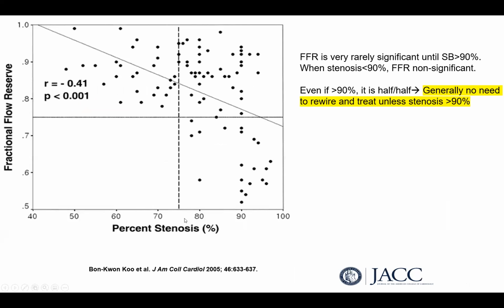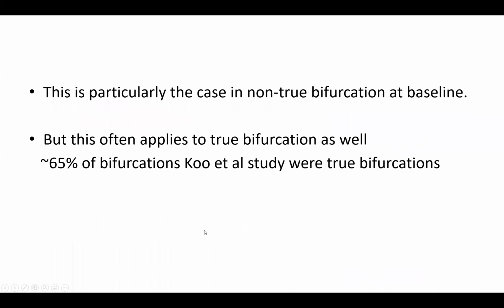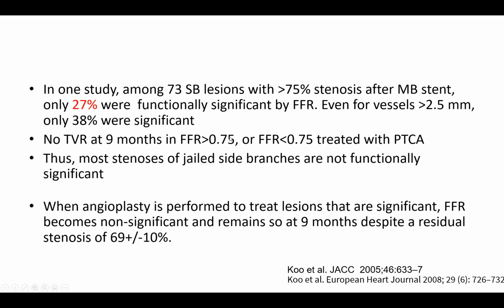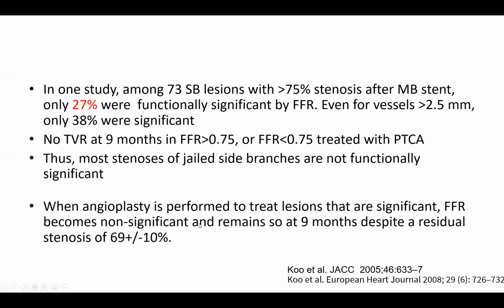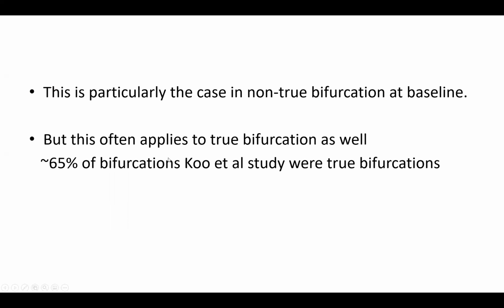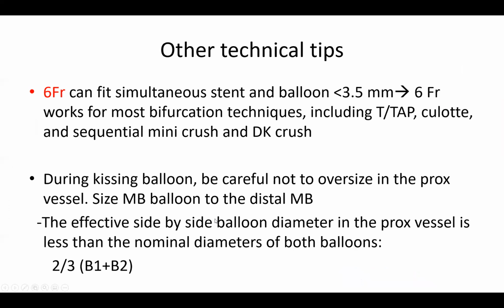So that tells you why, with side branch narrowing, you should not get obsessed with it. Most often it is not functionally significant and does not affect long-term MACE. This is particularly true in the case of non-true simple bifurcation, but those ideas do also apply to true bifurcation. Actually, in this FFR study, most lesions were true bifurcation. Still, leaving the side branch alone was appropriate.